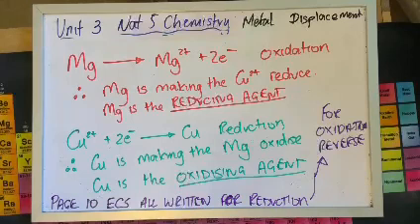It's making something else reduce. And the same goes the other way. The copper is being reduced, and the copper is making the magnesium oxidise. So the copper is an oxidising agent. Sounds weird? If you're doing Higher Chemistry next year, you'll come across it again and again.